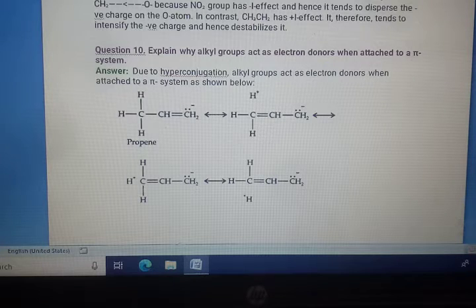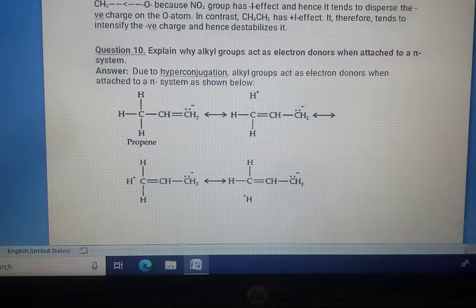As I informed you in hyperconjugation, a hydrogen is removed and the double bond shifts towards the first carbon atom. Here you can see the double bond has shifted, and again it has shifted and the negative charge has gone to the first position. So this is called hyperconjugation. Due to hyperconjugation, an alkyl group acts as an electron donor when attached to a pi system, as you can see in this structure.